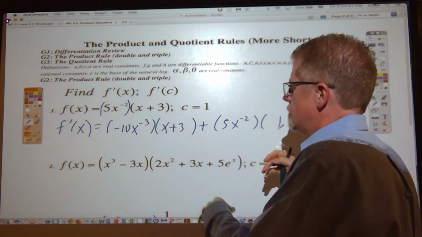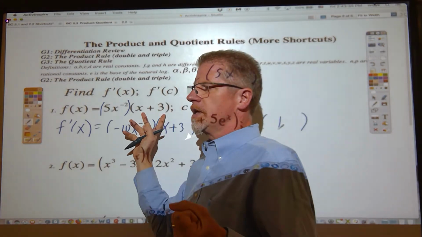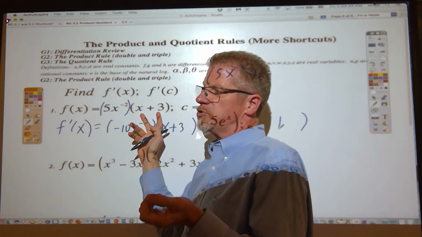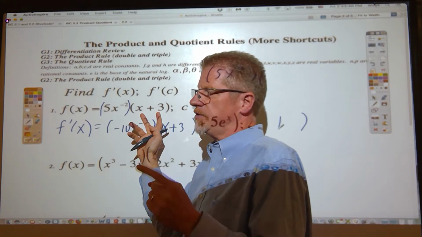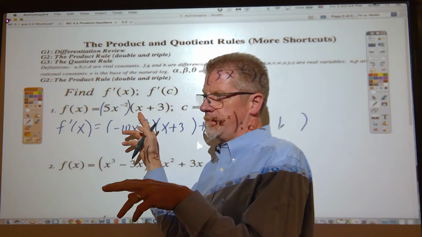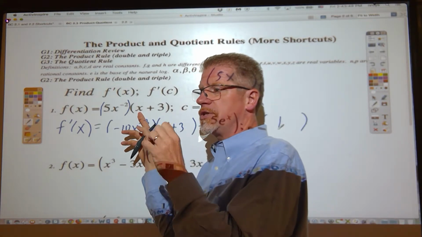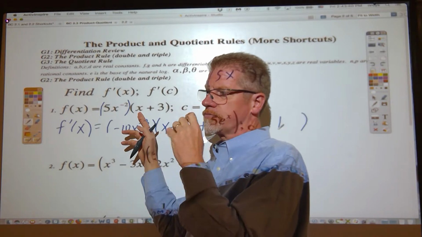Well, derivative of the first times the derivative of the second. The derivative of x plus 3. X plus 3 is a sum. So the derivative of a sum is the sum of the derivatives. What is the derivative of x with respect to x?